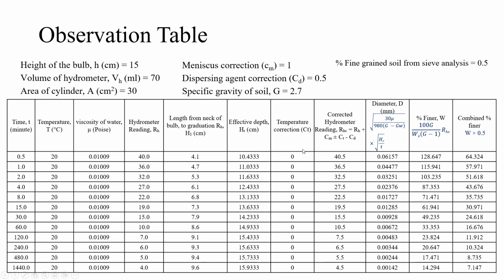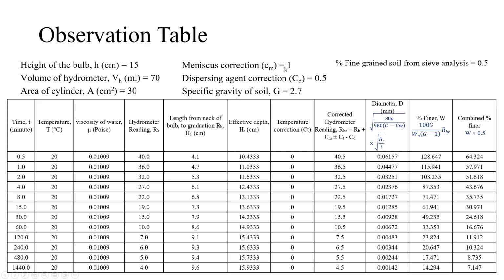Then temperature correction. Here the temperature correction is 0 because the lab temperature was 20 degree only. Now the corrected hydrometer reading. This reading 40, 36, 32 RH was having some error. So we will apply here meniscus correction, temperature correction, and dispersing agent correction.